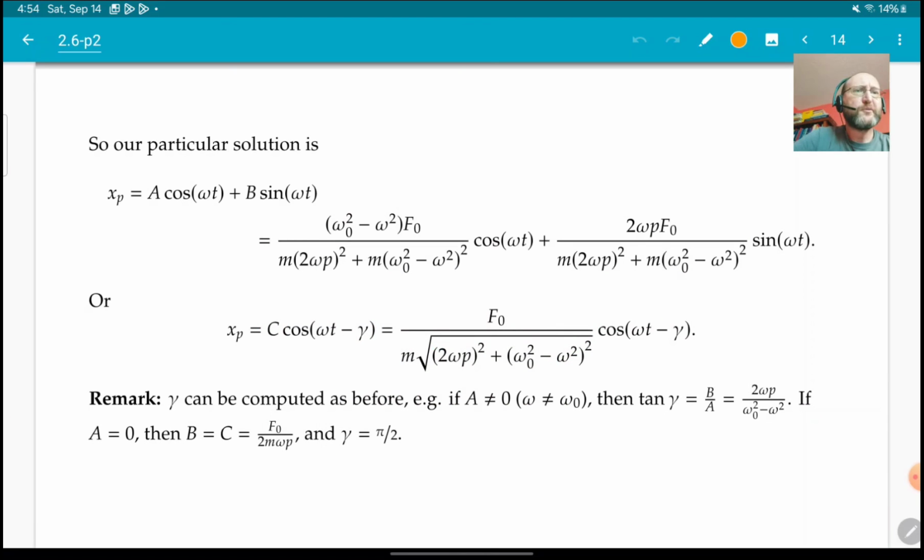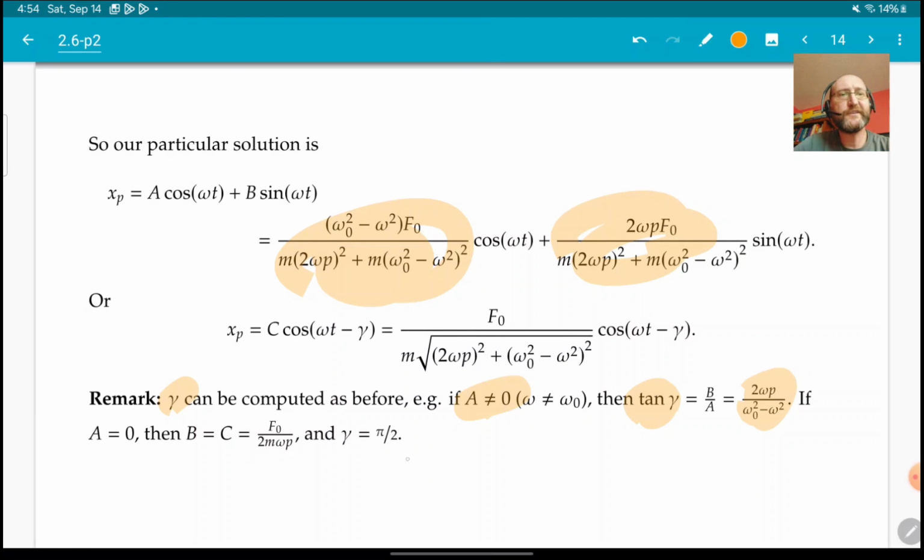And if you wanted to figure out gamma, because we figured out c, it's just like before. If a is not 0, then this is a, this is b. So then the tangent of gamma would be b over a, which, if you simplify everything, is this guy over here. So that allows you to solve for gamma.